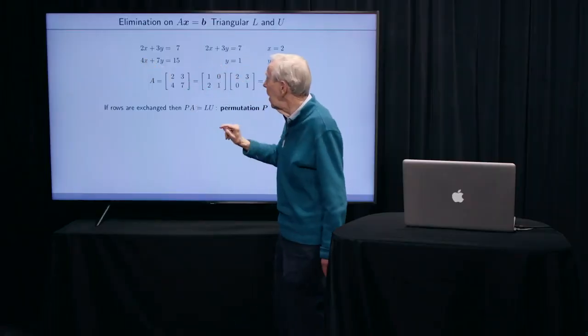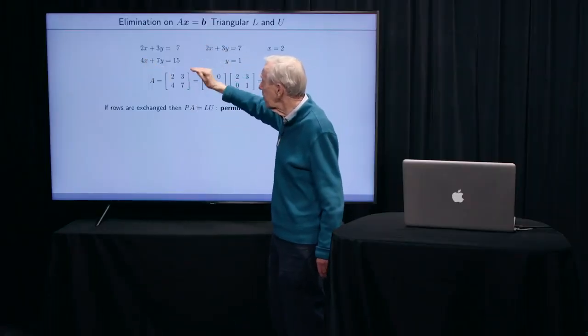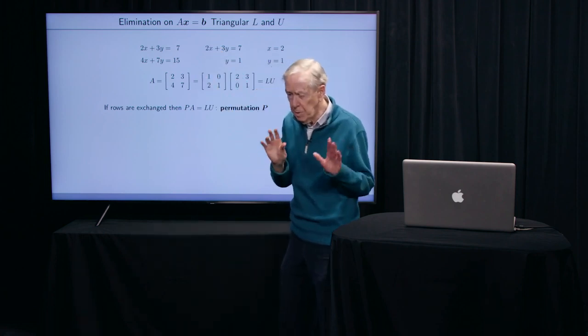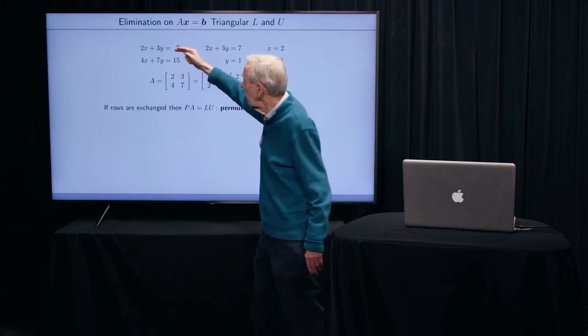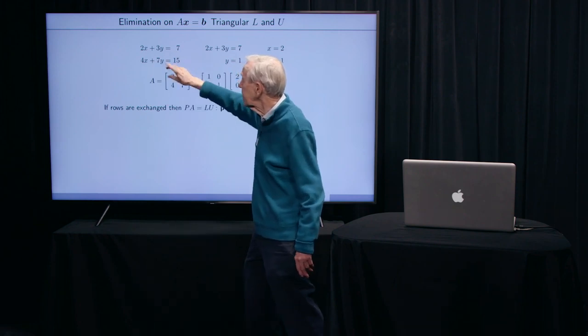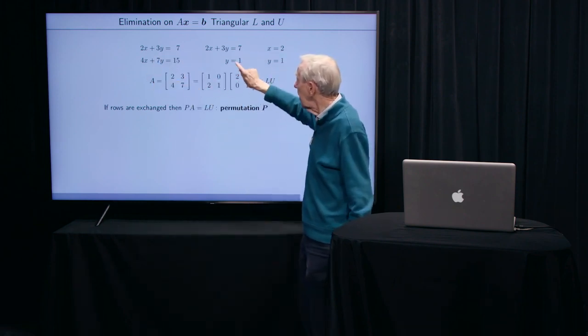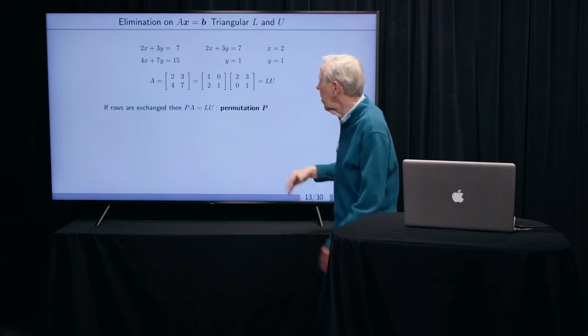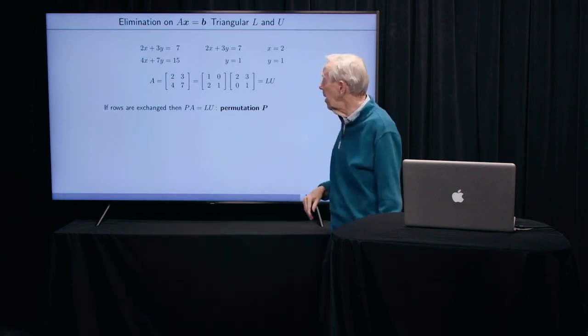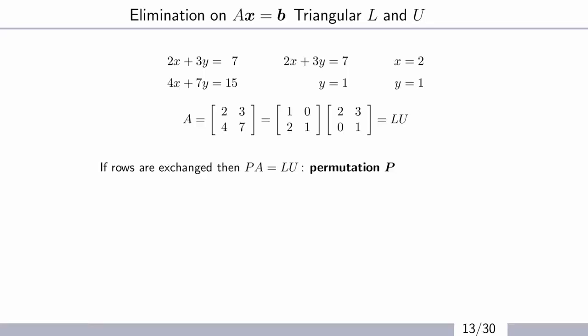It's gone. It's 2 times that. That's why I chose to multiply by 2. Then 2 times this gives me 4x's. When I subtract it, it's gone. And I'm left with 1y equals 1. So I know the answer y equals 1. And then I go backwards to x equals 2. Because 2x plus this is now 3 equals 7. 2x is 4. X is 2.